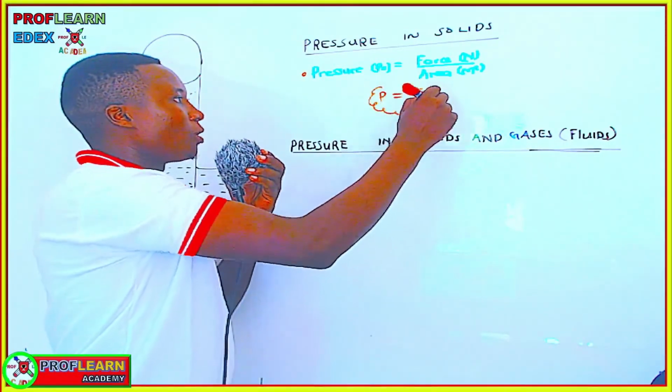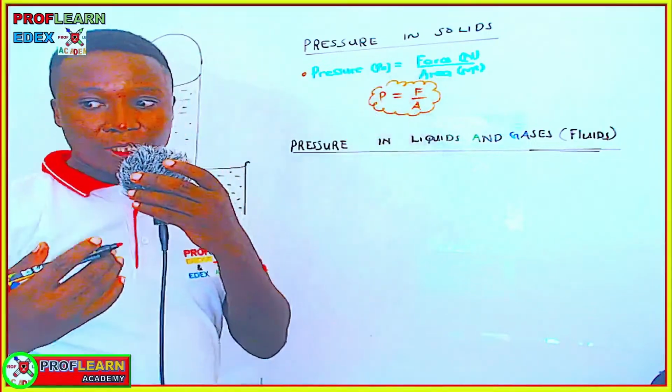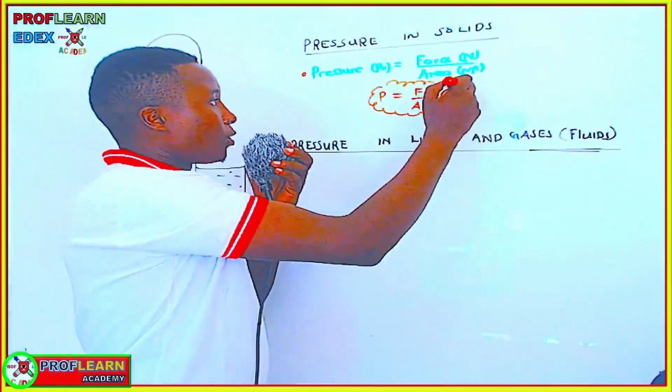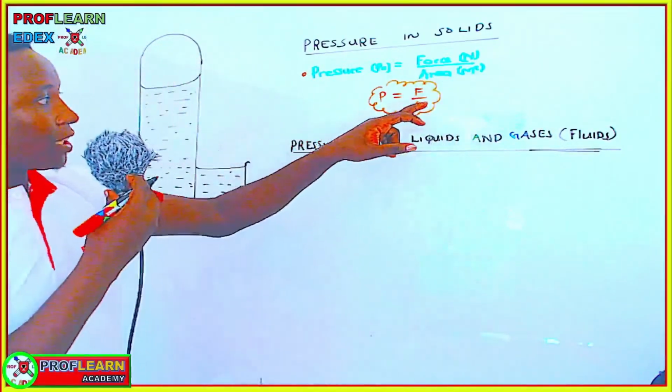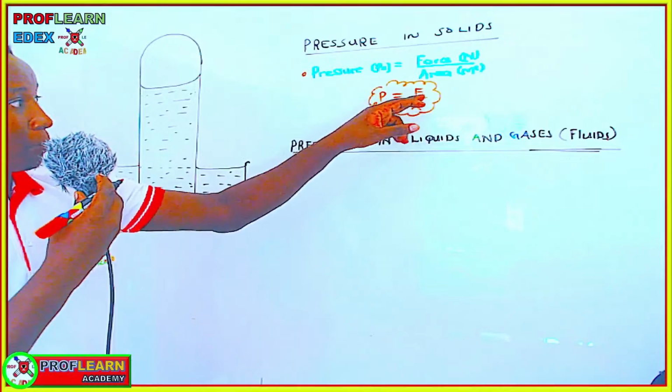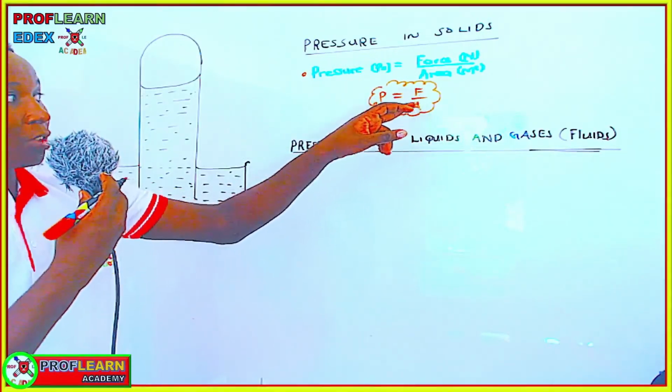This is the formula you'll use any time you are supposed to work out pressure in solids. And pressure in solids depends on two factors: force and area.